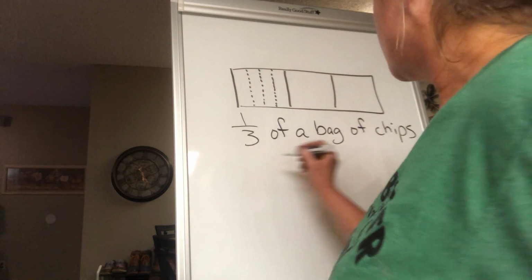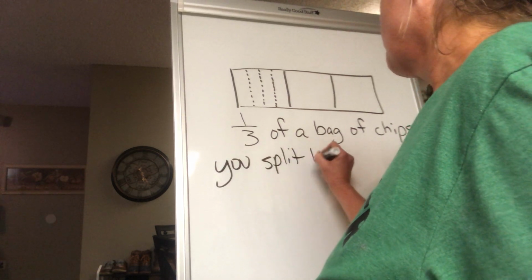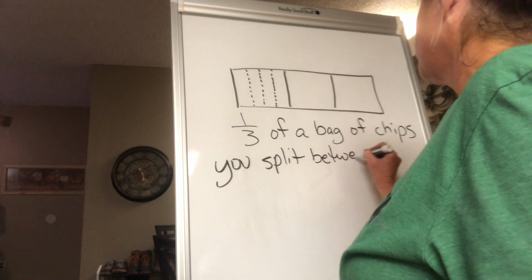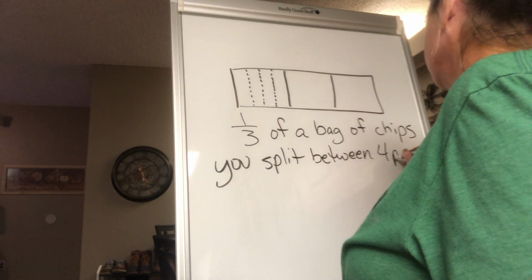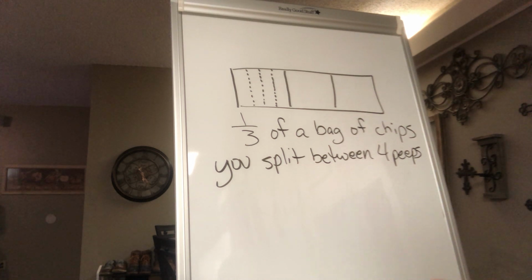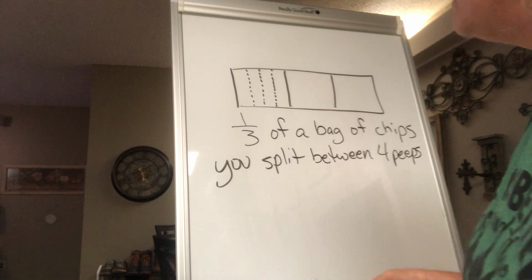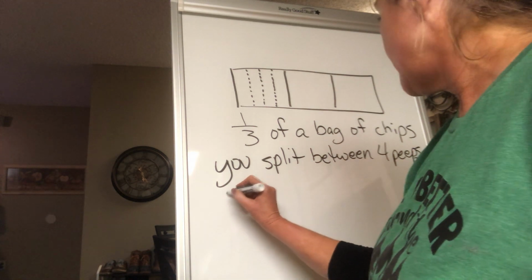And you had to split between 4 people. Between 4 peeps. Okay? So if you have 1/3 of a bag that you had to split between 4 peeps, how much would each person get?